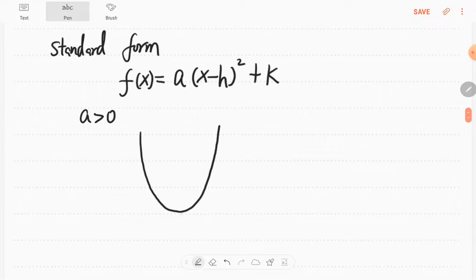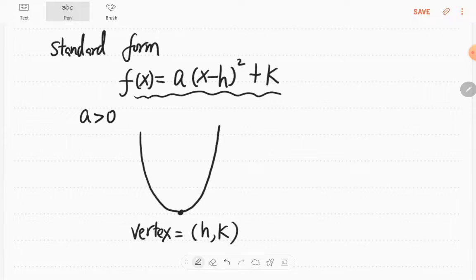The lowest point is called the vertex. What is this vertex? The vertex can be obtained from the standard form directly: the x-coordinate is h and the y-coordinate is k. If x equals h, this term would be 0, then you have f of h equals k, you have k left.